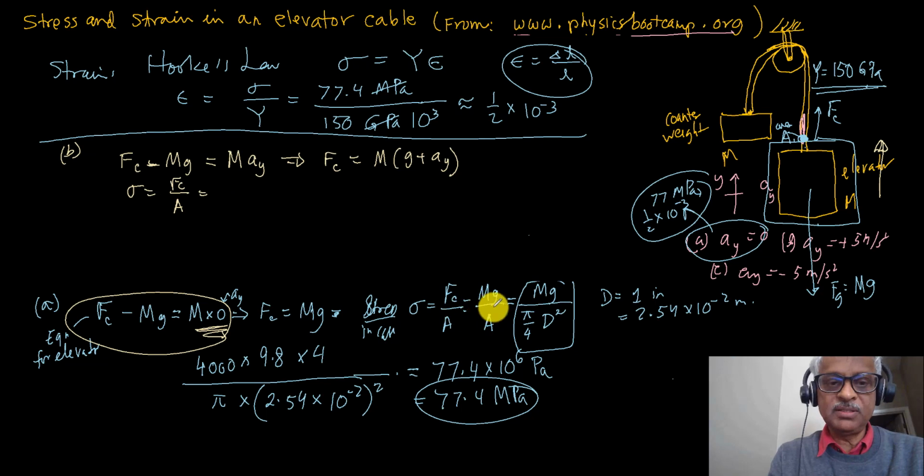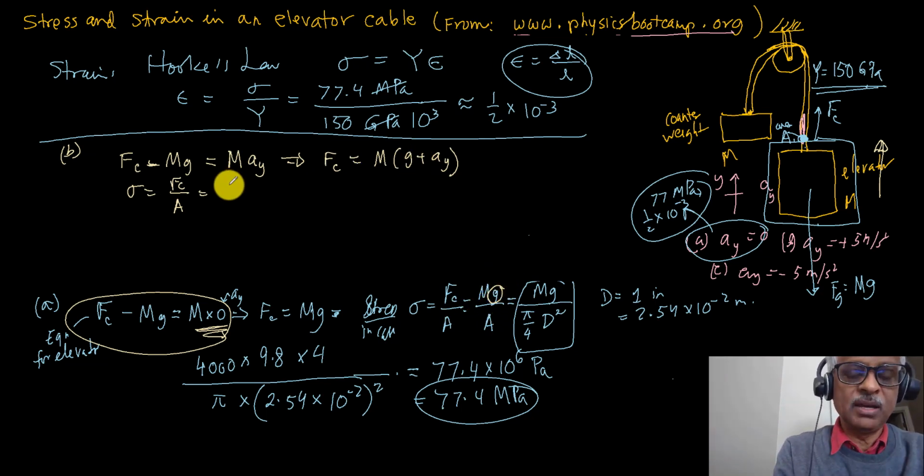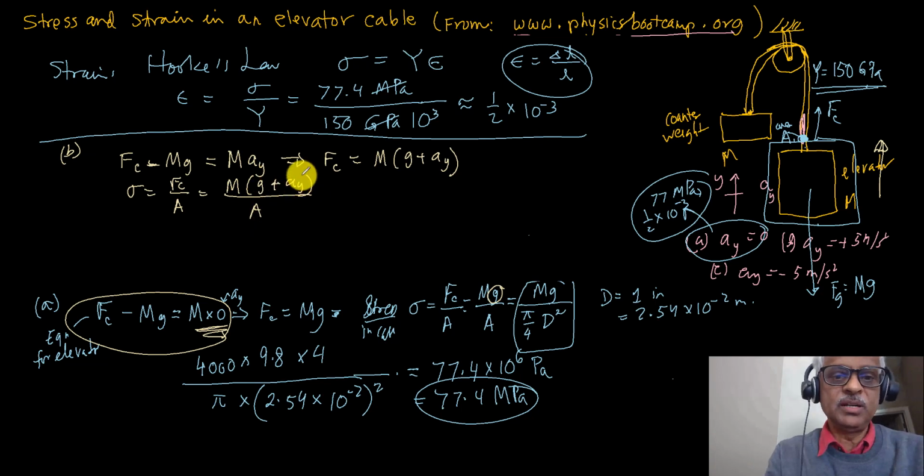You can see that instead of g, you're going to have g plus ay, so (mg plus may) over A. This is plus for B, and for C this will be minus.